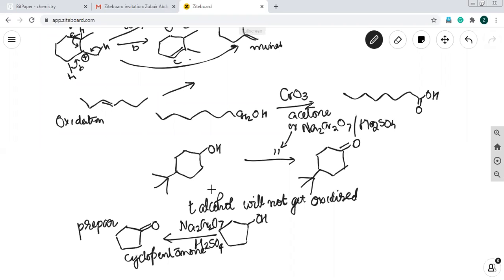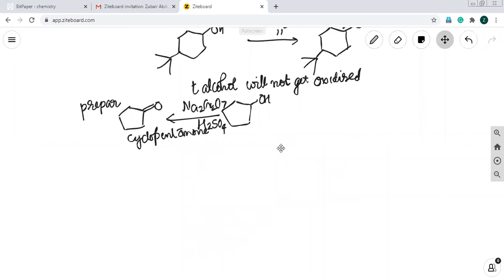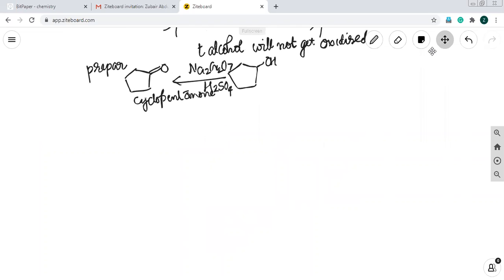Now another reaction is conversion of this compound into ethers. Okay, that will come. Anyway, we are going to take up ethers. Now let's look at the reactions of phenols. What are phenols?